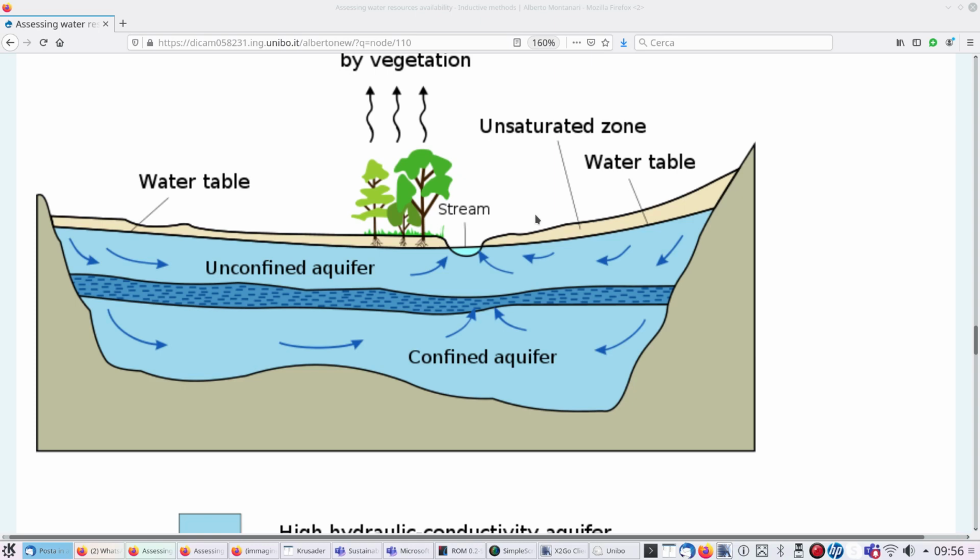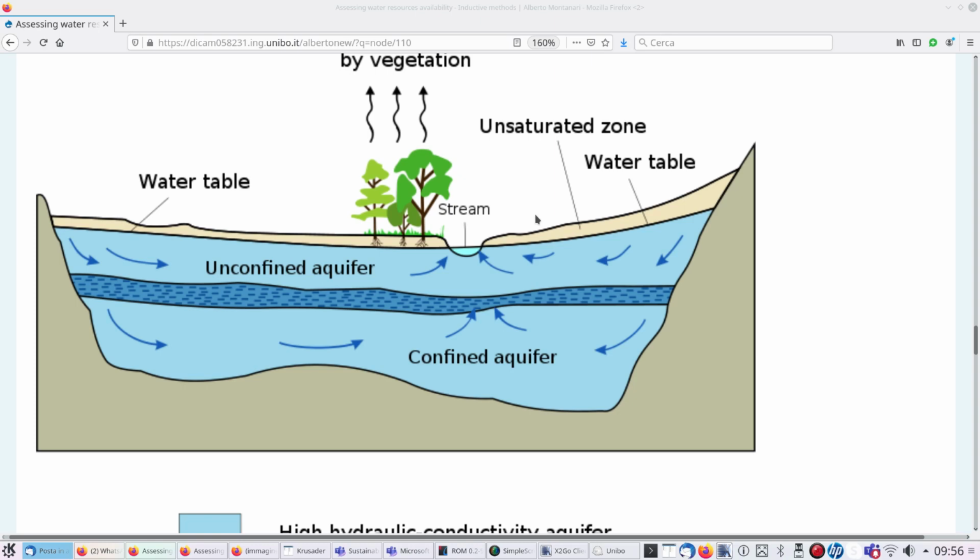The longer it takes to get back to the previous situation, the less we can rely on this well, which means also the aquifer, for giving a lot of water, because of course we can take a lot of water from a well if the recharge is quick, if the replenishment is quick. If the recharge is very slow, it means that either the aquifer has a reduced permeability or a reduced porosity, which means that in any case we cannot take much water from there.